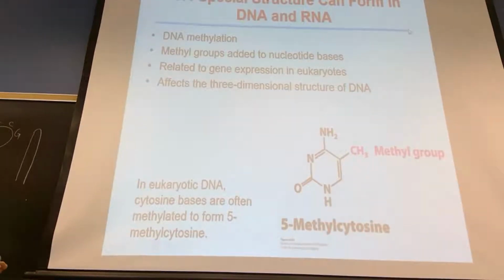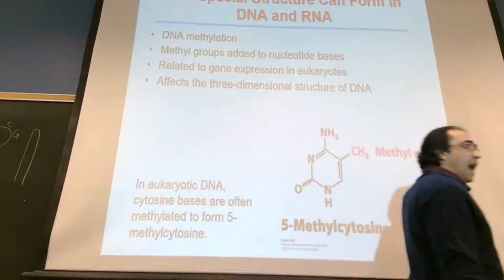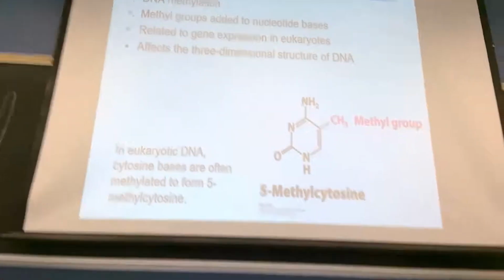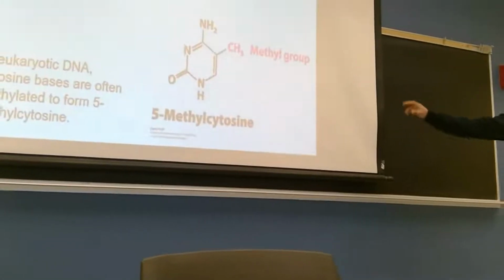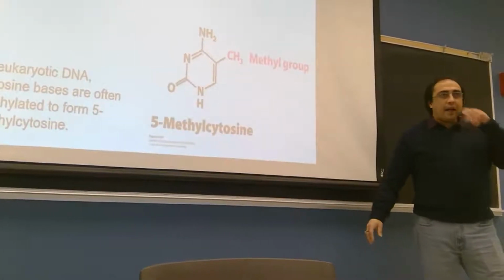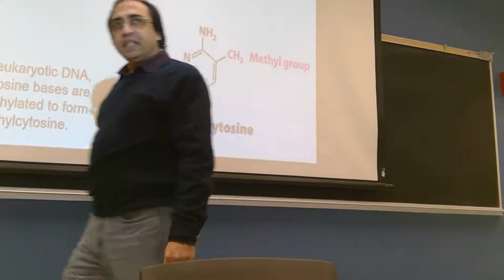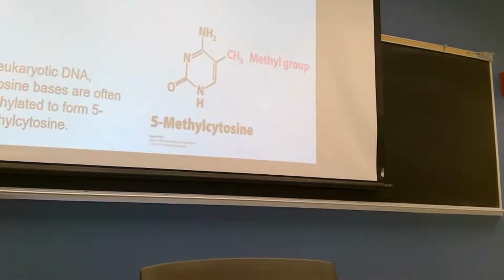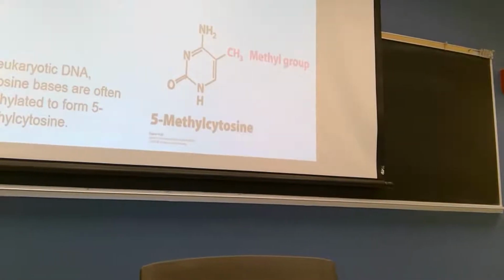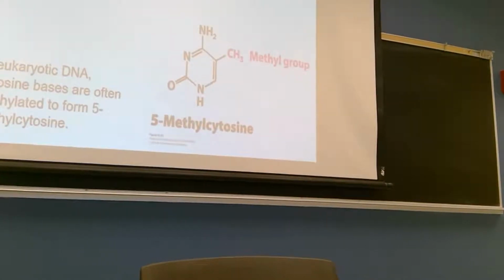But this one is very important, because sometimes one methyl group can add to a nucleotide base. If the methyl group is added to the nucleotide base, it is called methylation. DNA methylation generally creates some kind of cap, and no other compounds and no other bonding can be done at that part. That is creating a cap-like structure.